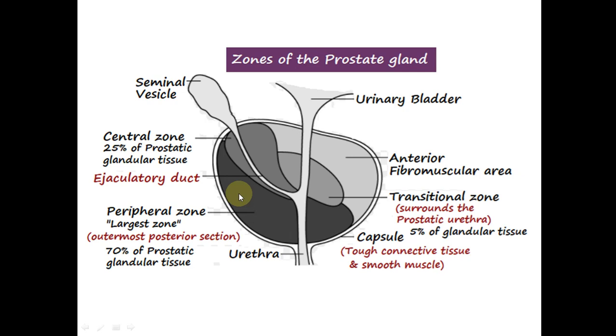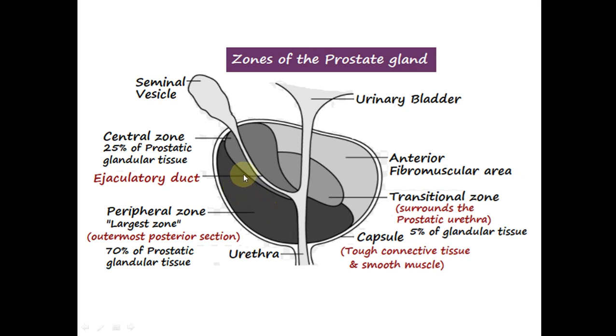So the posterior peripheral zone is the largest portion of the prostate, and it contains mainly the prostatic glandular tissue, and this is the common site for prostatic adenocarcinoma.